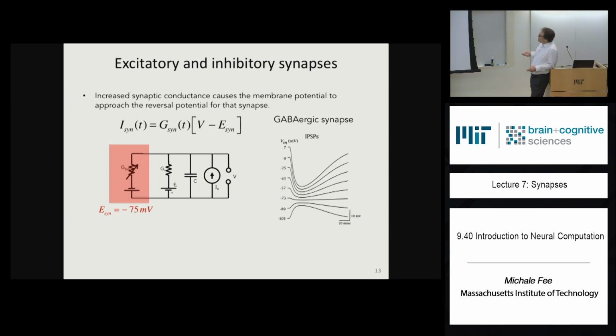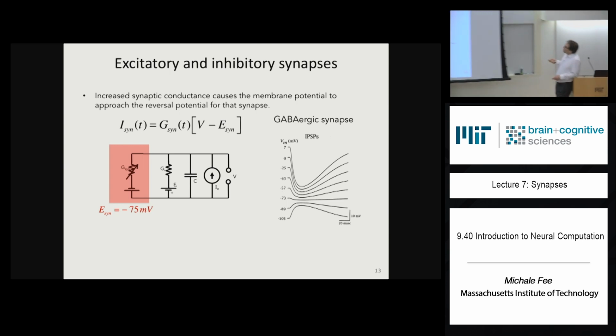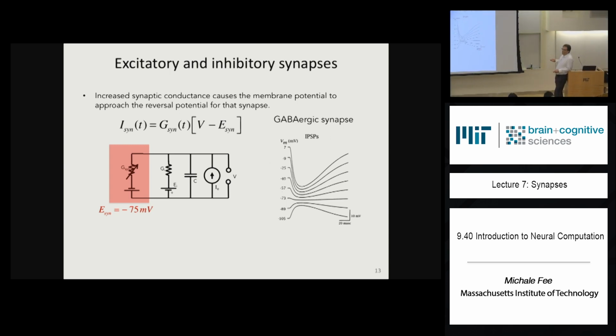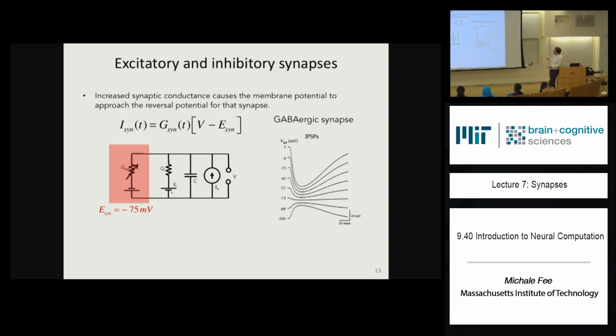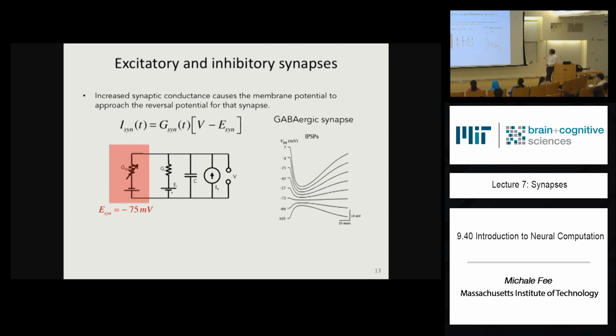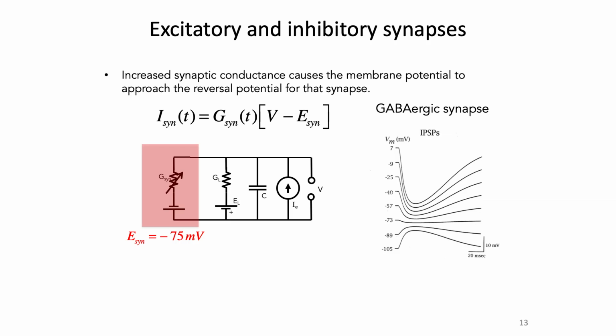And now you can see that if you hold the cell, so here's where a cell normally sits. You activate the synapse, the voltage goes down, right? And why does it go down? Because it's pulled toward the equilibrium potential for the chloride ion.